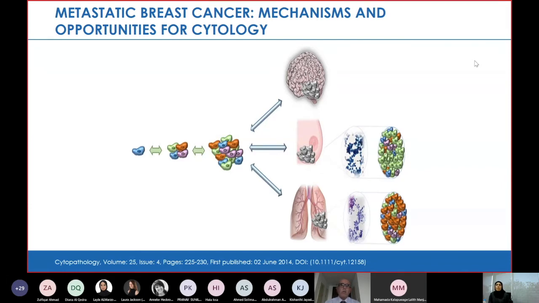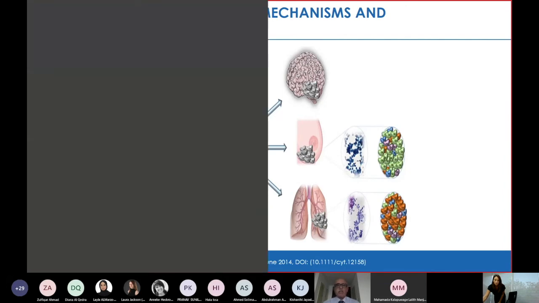query whether you might be interested in future webinars to have a specific session, more diagnostic oriented rather than generic as this one, on breast cytology.